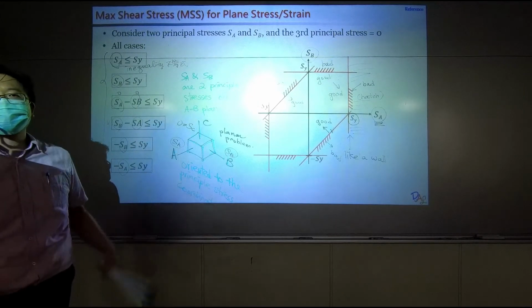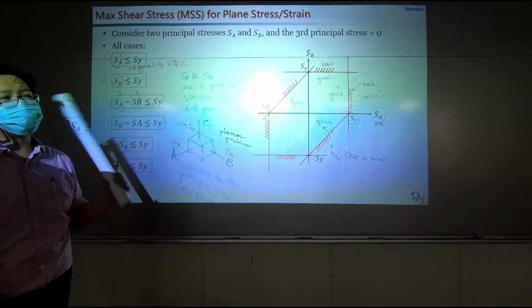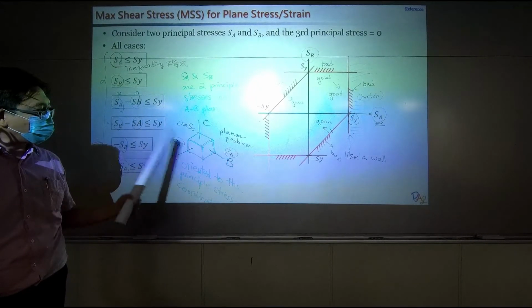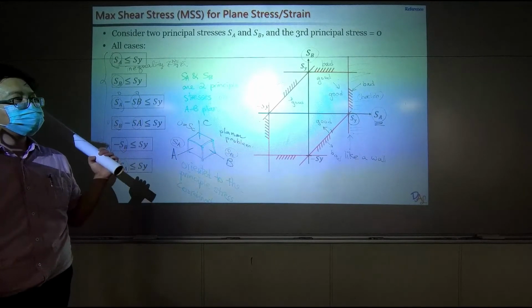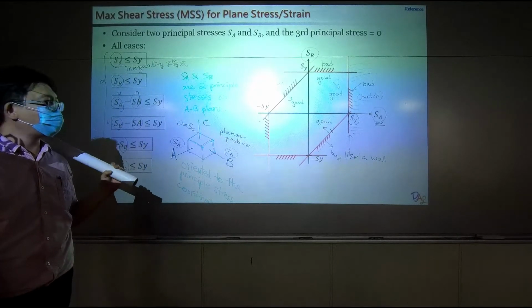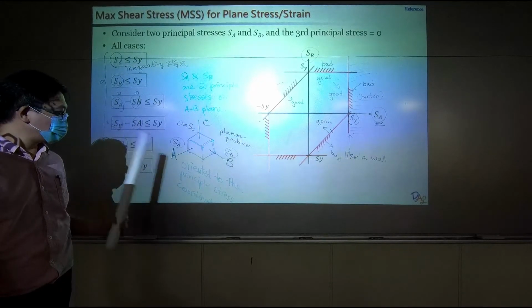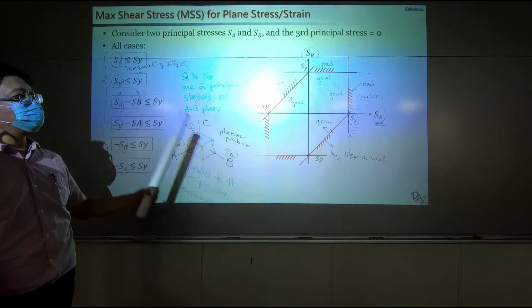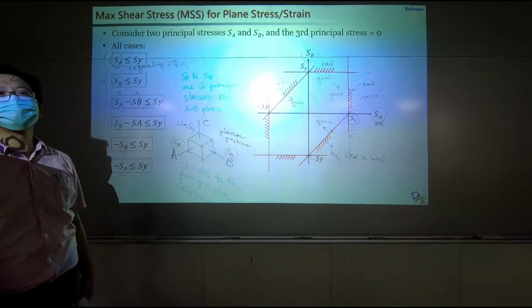So what does it mean? It means if you follow the maximum shear stress model, and if it's a plane stress problem or plane strain problem, then no matter what stress you have, whenever you orient that stress to principal stress coordinate, then the SA and SB must stay inside this hexagonal shape.